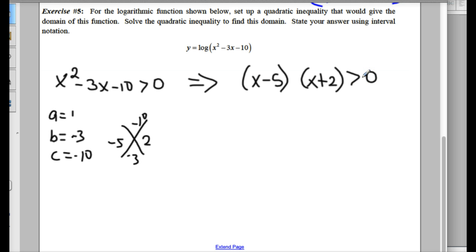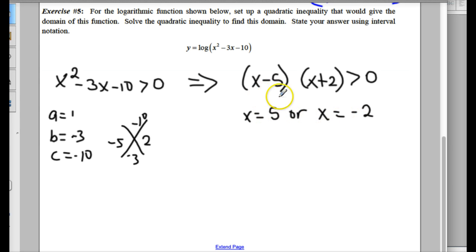So now what do we need to do? If we solve this, I get x is equal to 5 or x is equal to -2. Now how do I know how to put these in the calculator? You have 2 options. You can graph this and see something special happen at these points, or we can go ahead and test some numbers.